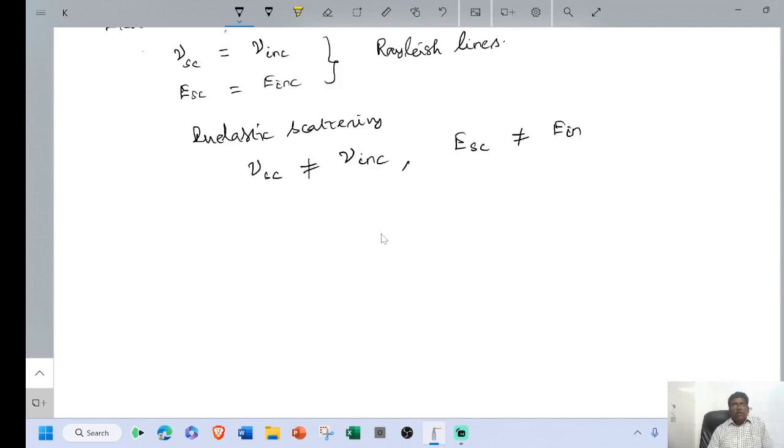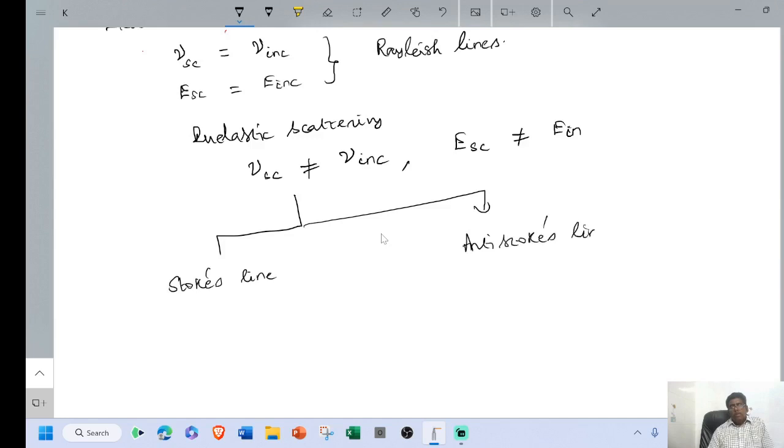You may get two possibilities. One is Stokes line formation and another one is anti-Stokes line formation.